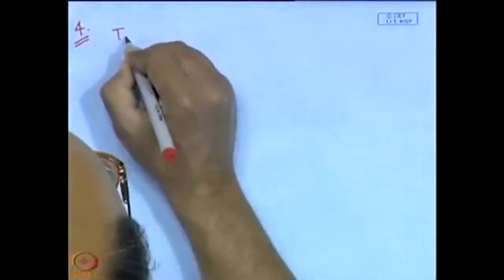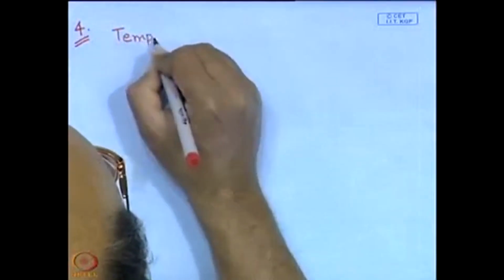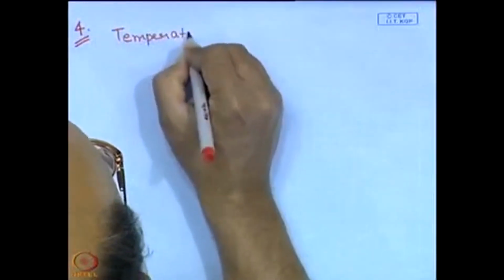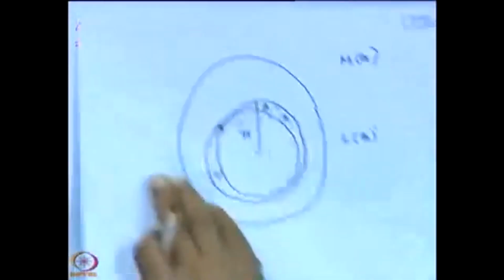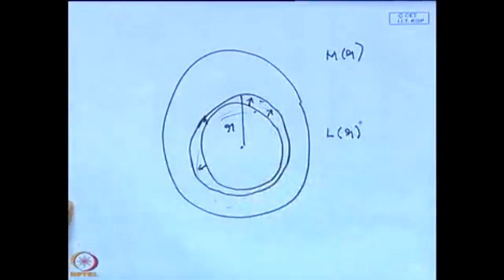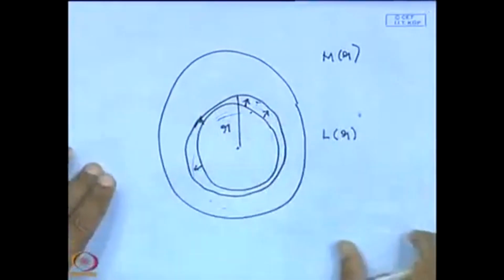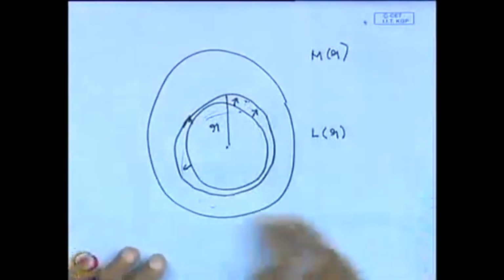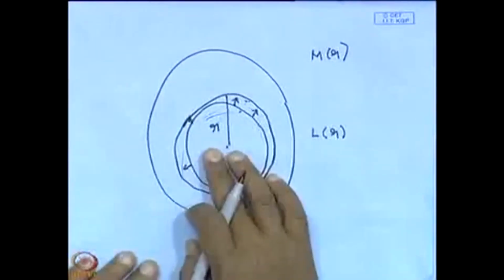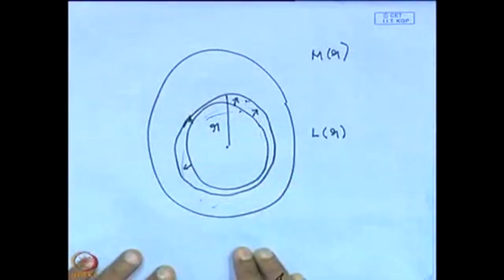The fourth equation is the temperature. So, we need to know the temperature profile. So, how does the temperature change inside the sun? And how the temperature changes is essentially determined by the energy transport mechanism.